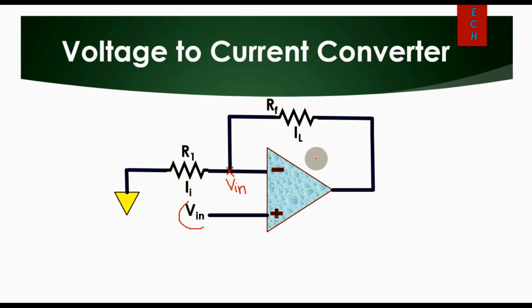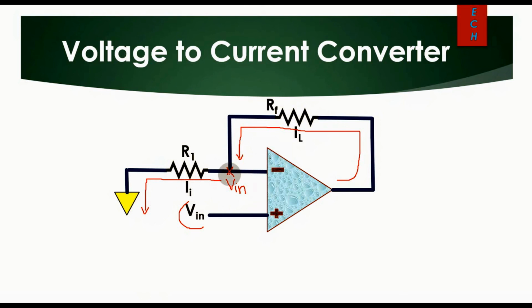Let us assume the current flowing in this loop is IL, and the current flowing through this loop is Ii, you can say the input current. And let us neglect the current flowing at the inverting terminal, and let us neglect the offset voltage of this operational amplifier.